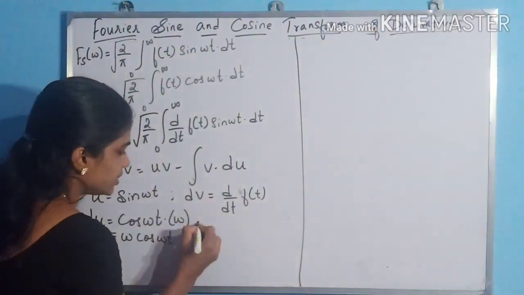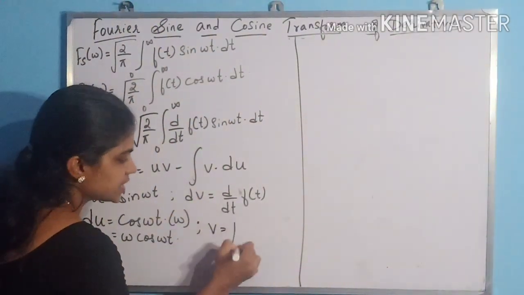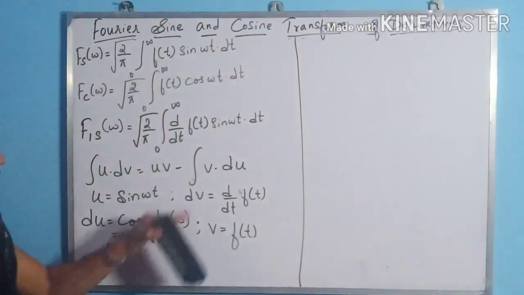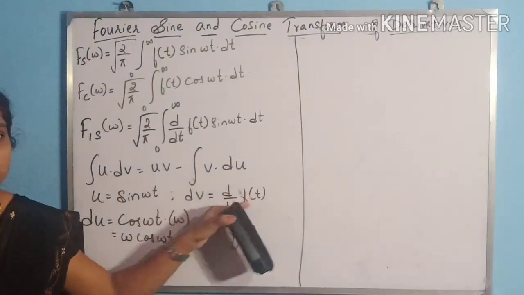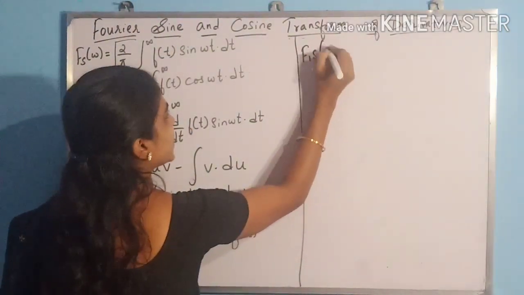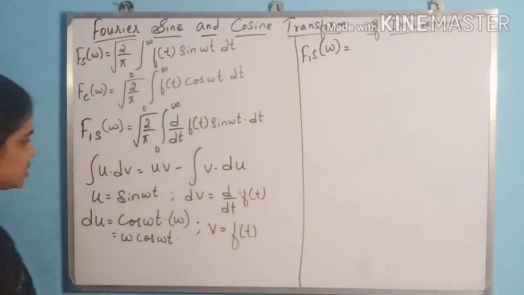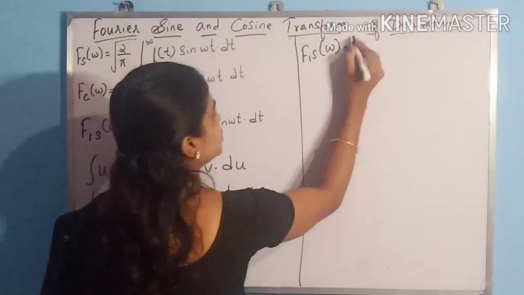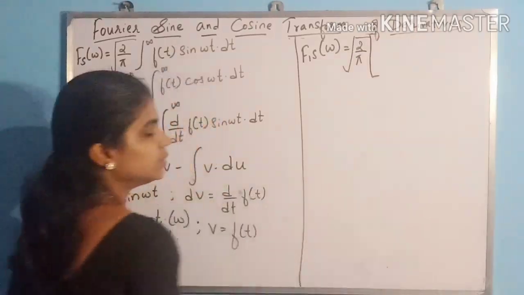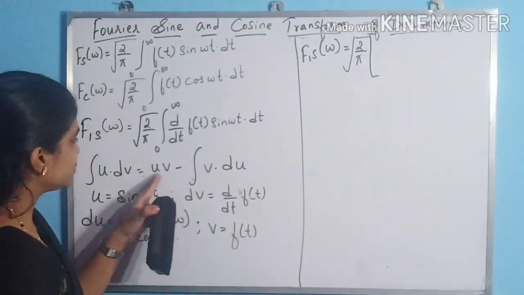And here, what is v? V is nothing but f of t. So let's substitute all of this in this formula. So we get f1s of omega, this is equal to root 2 by pi is common out, right? U into v.